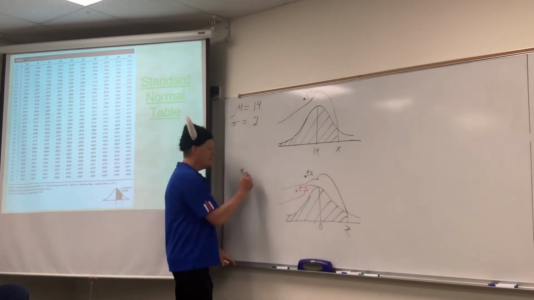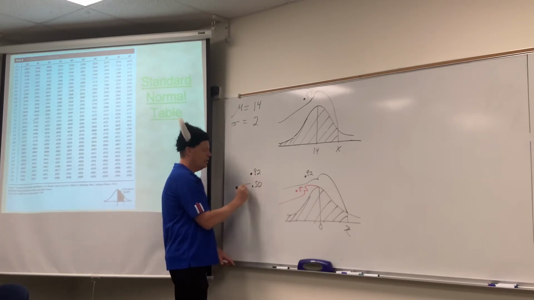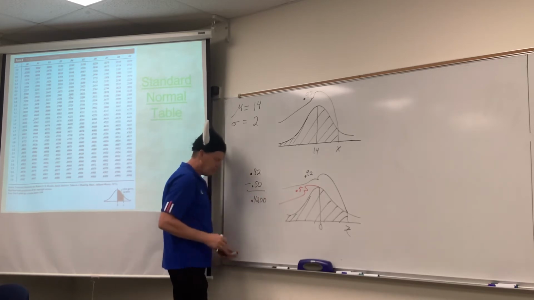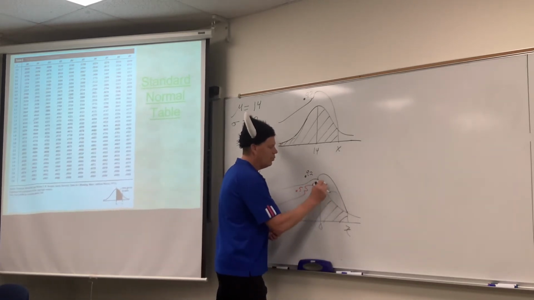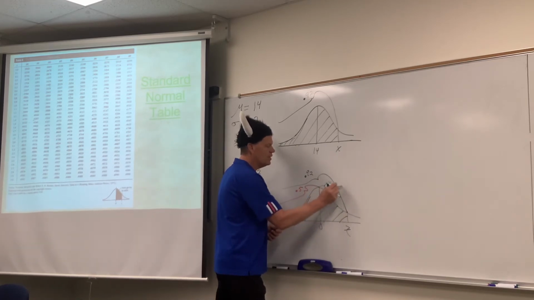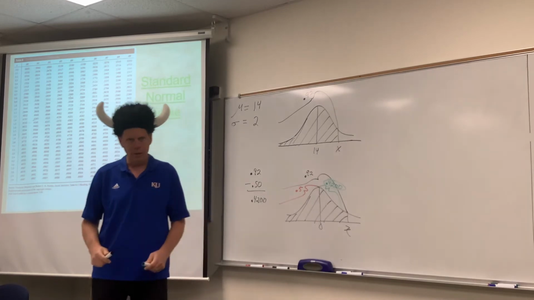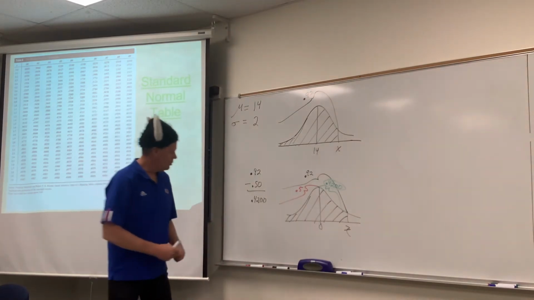So 92% minus 50% is 42%, and that leaves a middle sliver of 0.4200. There, table, you like it? Yes, table-like middle sliver, 42%.